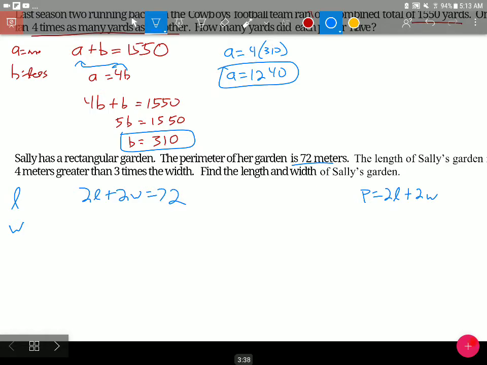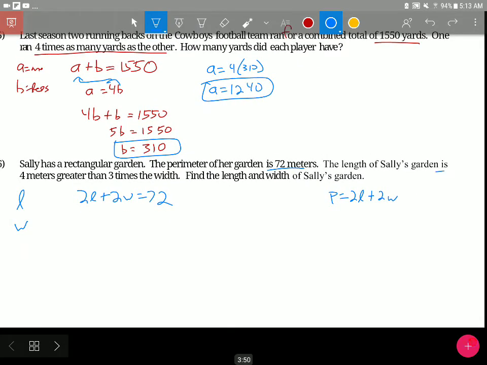They also say the length of the garden is 4 meters greater than 3 times the width. The nice thing about this is because they use the word is, this just comes out nice. It's length equals 4 meters greater than 3 times the width.